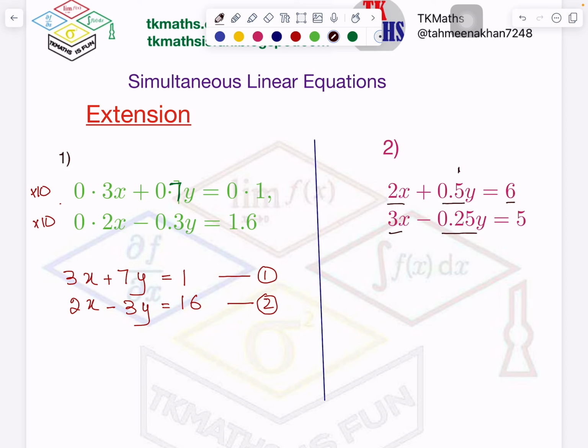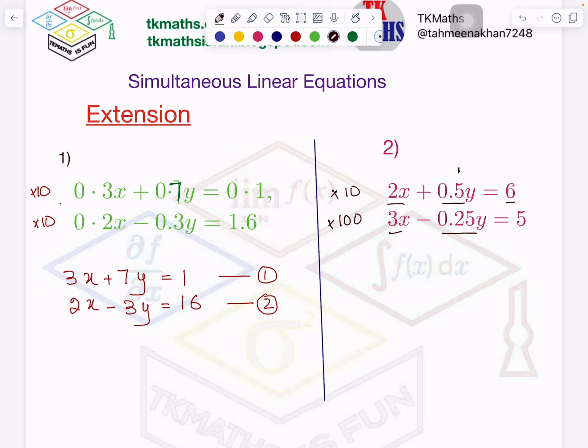So what will I do? Now one thing is very important here. It is not necessary that you multiply both the equations by the same number, right? So I will multiply equation 2 by 100. Why? Because I want to finish decimal. So I'll multiply this by 100 and I will multiply this by 10.